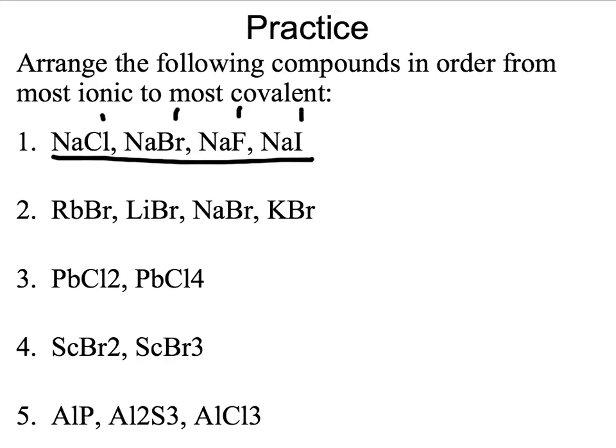If we're going from most ionic to most covalent, the most ionic would be involving the anion that cannot be distorted very well. Which one of those anions cannot be distorted well? Well, this is the top contender right here. That would be by far the most ionic. That fluoride ion is very, very difficult to polarize. And then we would go, so this would be my most ionic, second most ionic, third most, and fourth most.